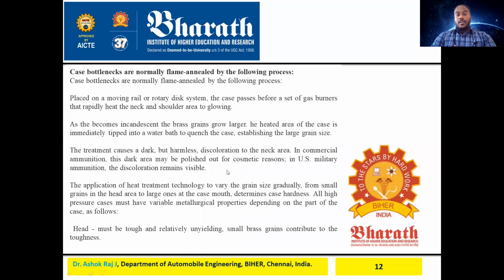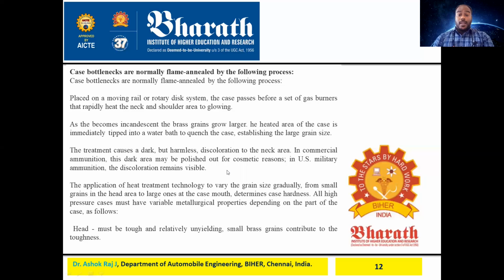And case bottlenecks are normally flame annealed by following this process. What is the process? The cases are placed on a moving rail or rotary disc system. The case passes before a set of gas burners that rapidly heat the neck and shoulder area to glowing.